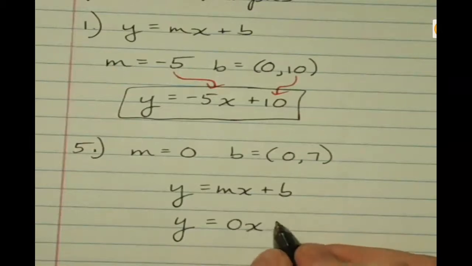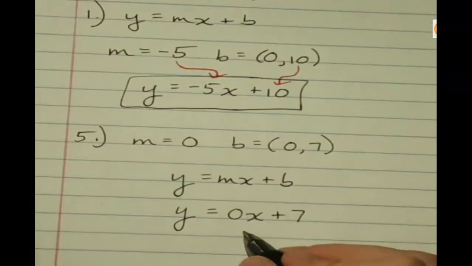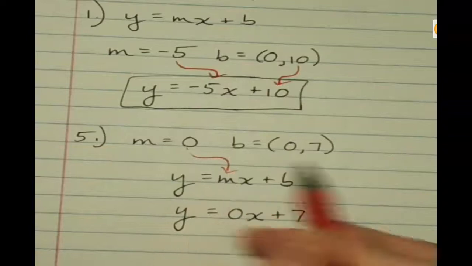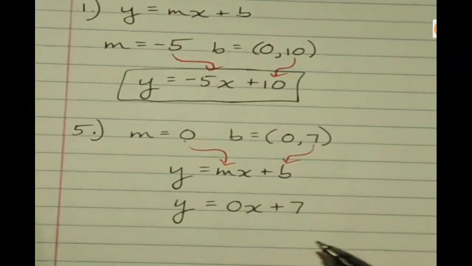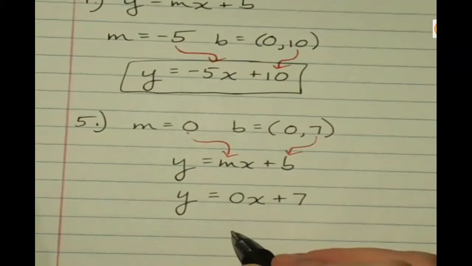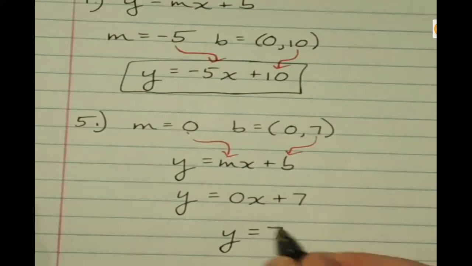So we're subbing the 0 in and the 7 in. What is 0 times x? It's 0, right? So then, how would the equation look? Bingo.